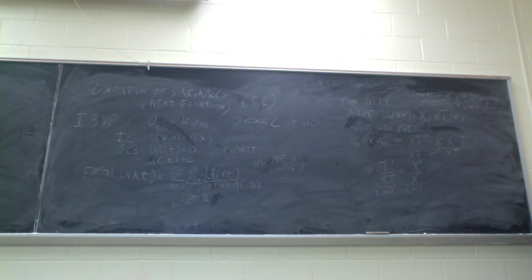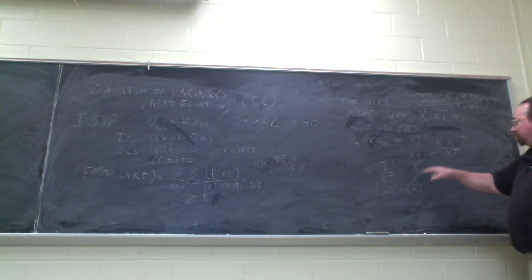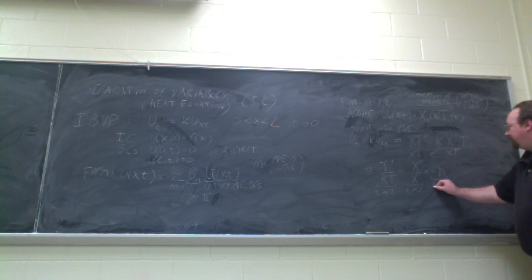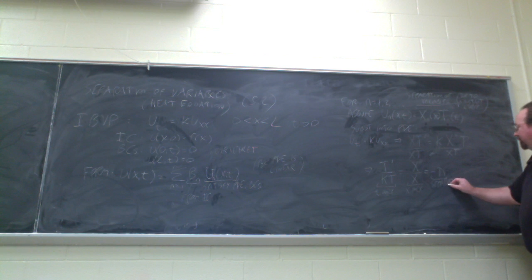Now, the only way that an expression that depends only on t can equal an expression that depends only on x, for whatever values of x and t, is for both of these expressions to be equal to a constant. So I'm going to equate these to a constant, and the constant will be minus lambda. Now the minus seems kind of strange, but you'll see in a bit why I choose that. This is called a separation constant.